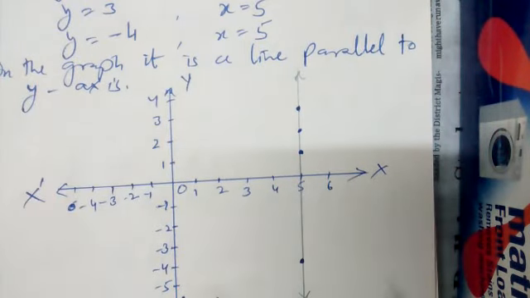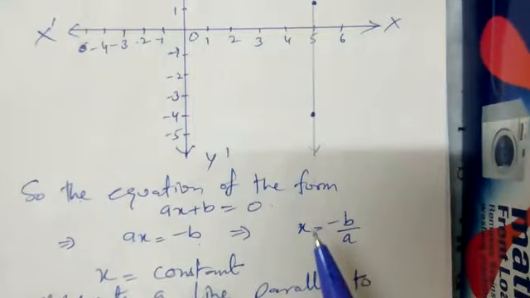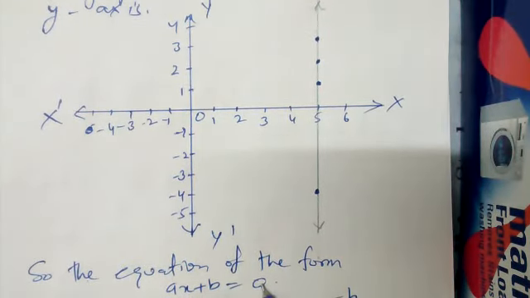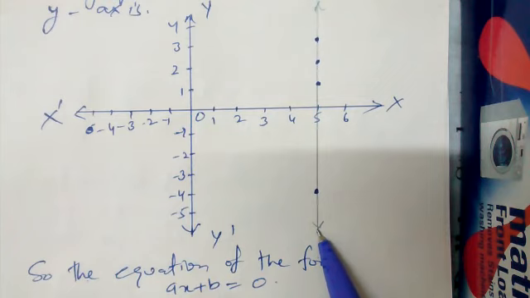Now this is x equal to constant here. Ax plus b equal to 0 gives us x equal to constant. X equal to constant is a line which is parallel to y-axis.